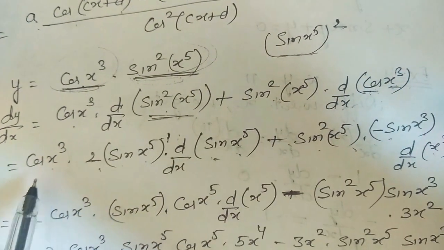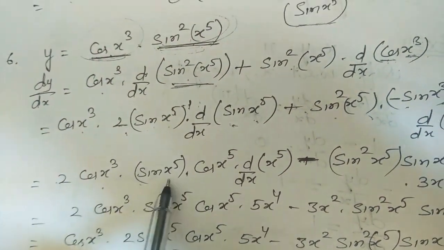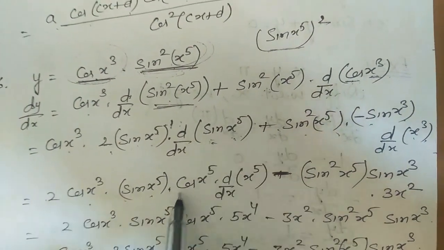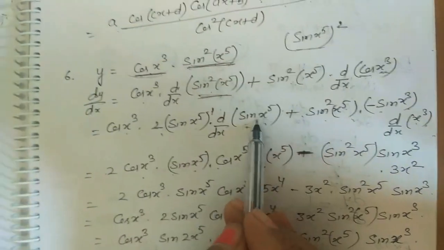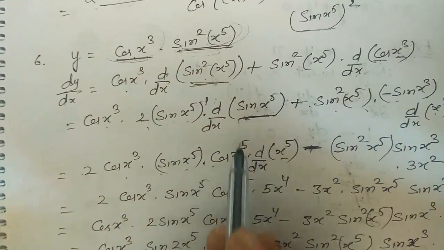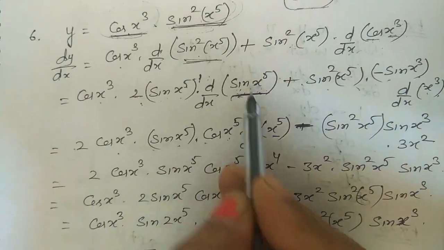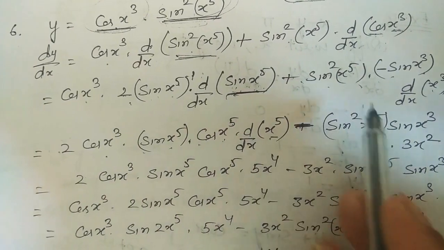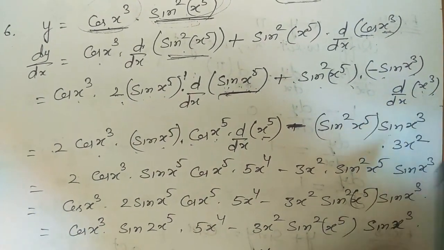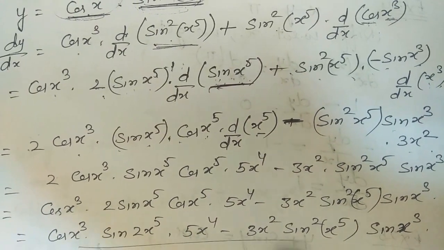So it will be cos x cube times 2 sin x raised to power 5. The derivative of sin is cos x raised to power 5 into the derivative of x power 5. What is the derivative of this? The derivative of sin of x power 5 is cos x power 5 and the derivative of x power 5. And the derivative of x cube will be 3x square. After solving, we will get this.